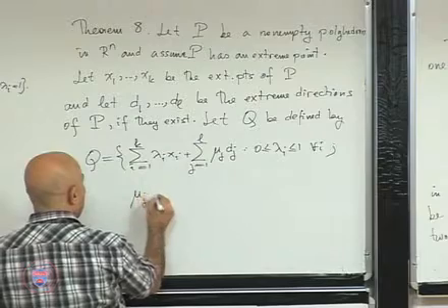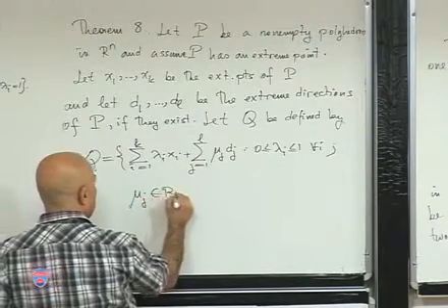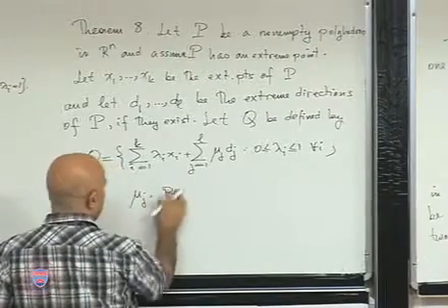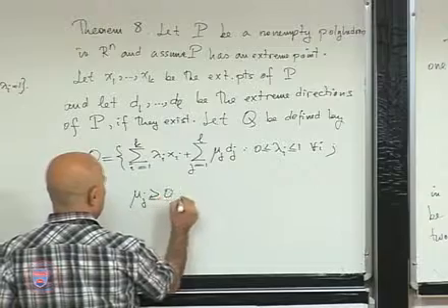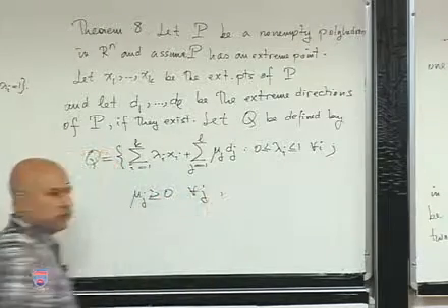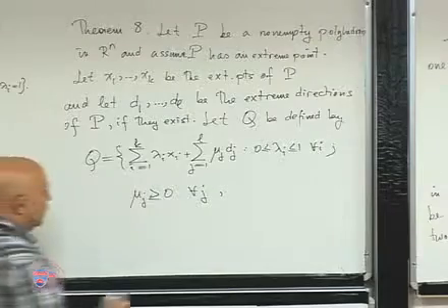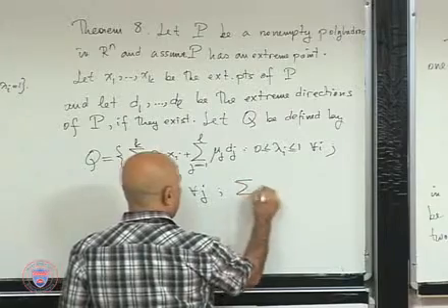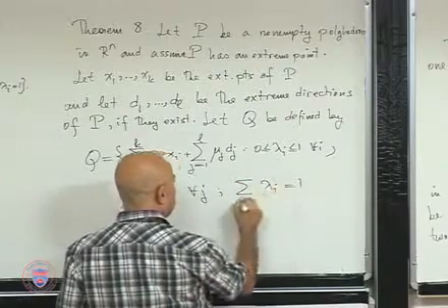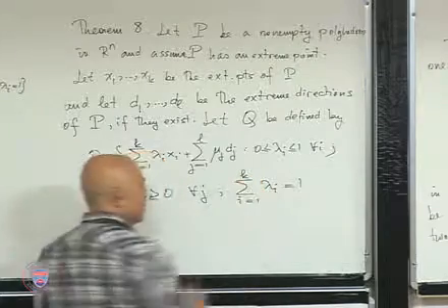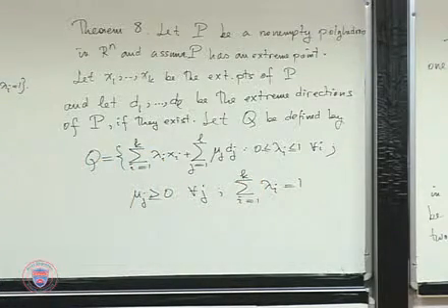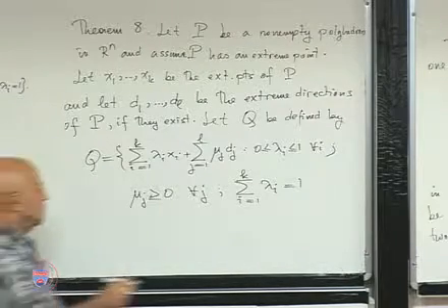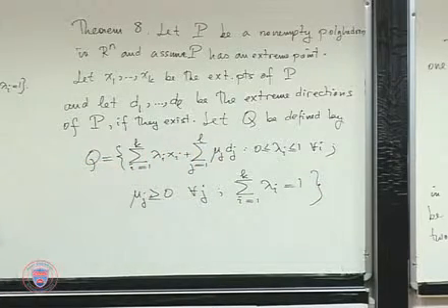Mu j are non-negative numbers for every j going from 1 to L. And last condition is the lambdas add up to 1. They are normalized, non-negative numbers. That's the end of your definition of Q.